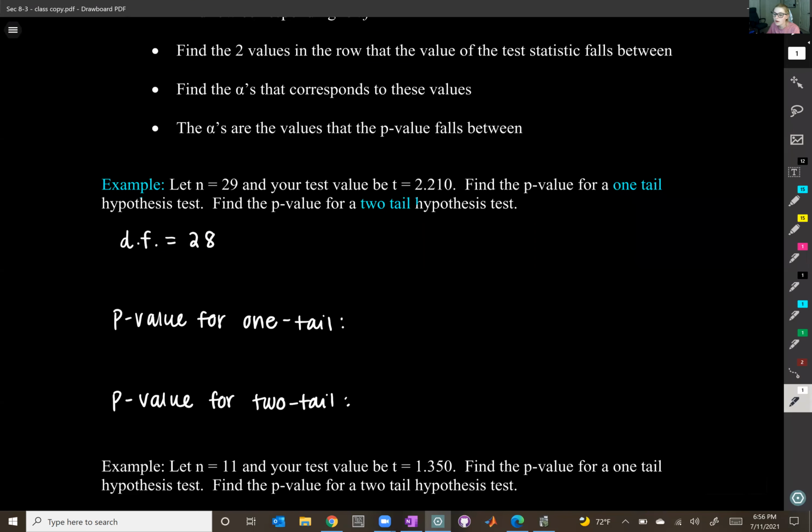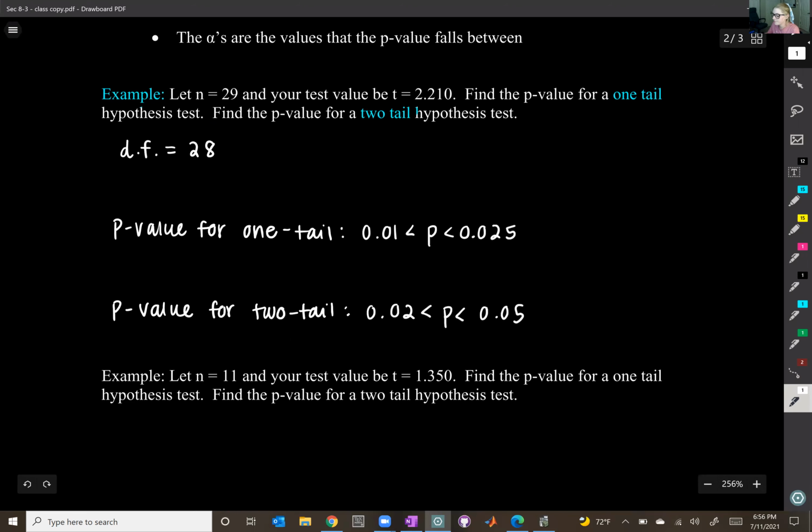So for one tail, we know it's between 0.01 and 0.025. And for our two tail, we know it's between 0.02 and 0.05. It falls somewhere in between there, but if you use your calculator, it gives you an exact number.